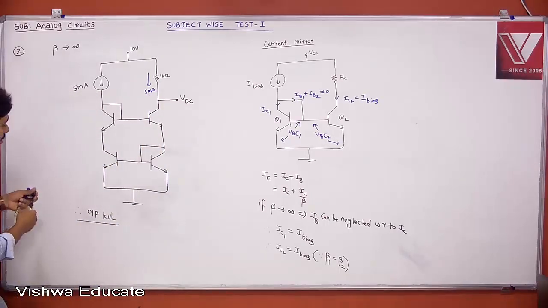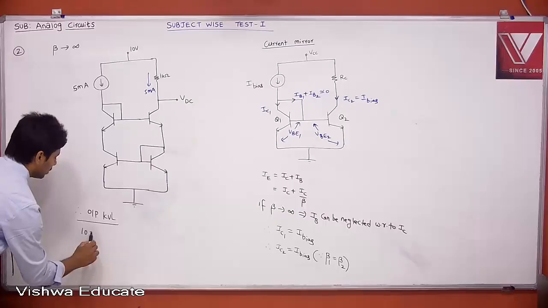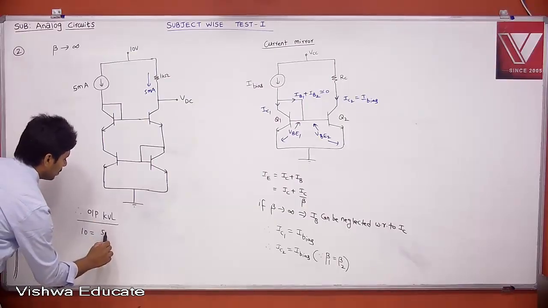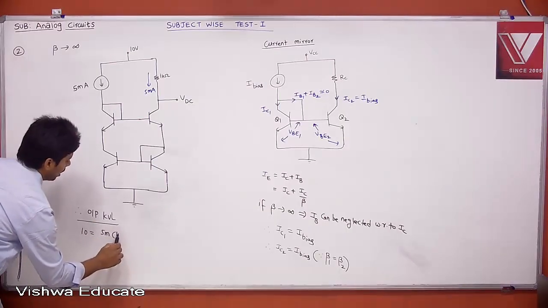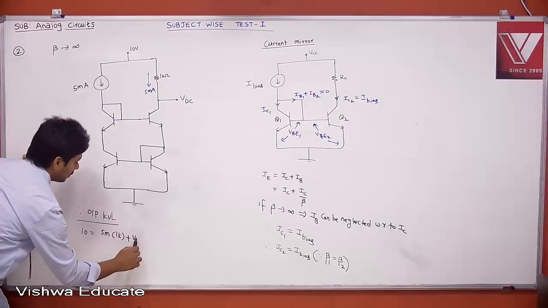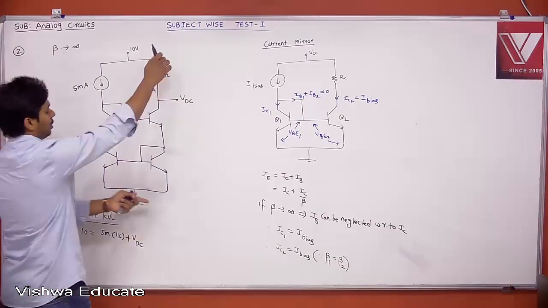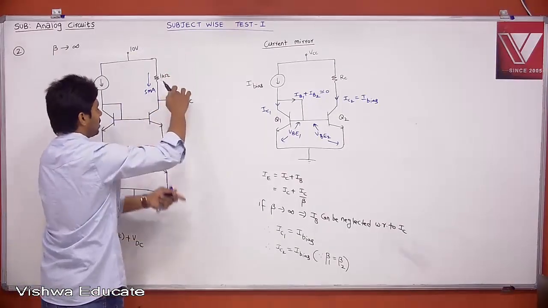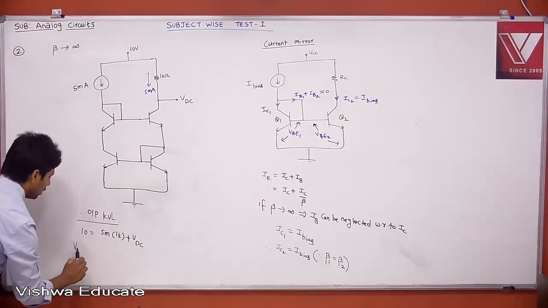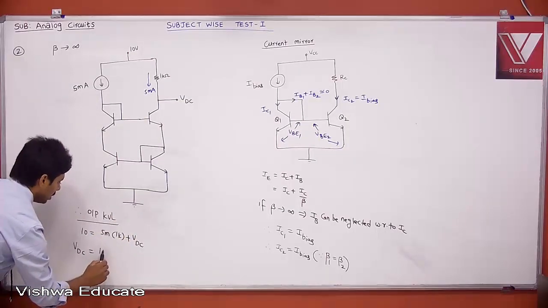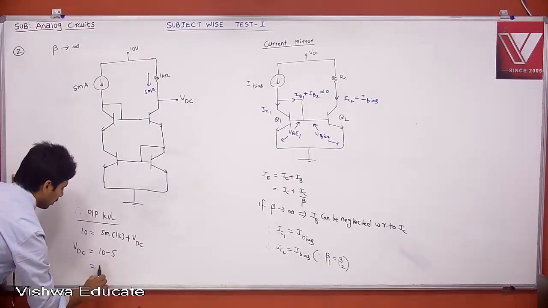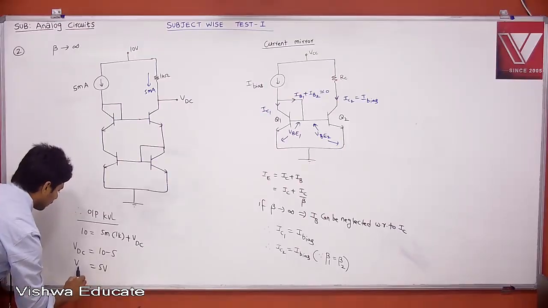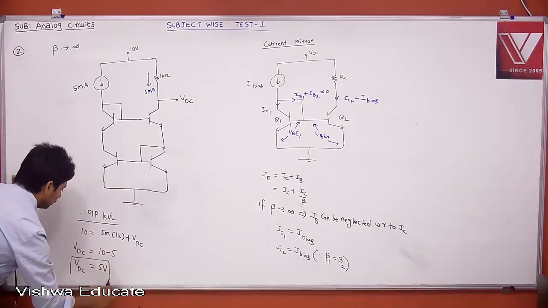Now tell me what is your output KVL? 10 is equal to 5 milliampere into 1K plus VDC. Therefore, this voltage is equal to this voltage plus this voltage. So VDC is equal to 10 minus 5, 5 volt. Therefore, the answer is 5 volt.